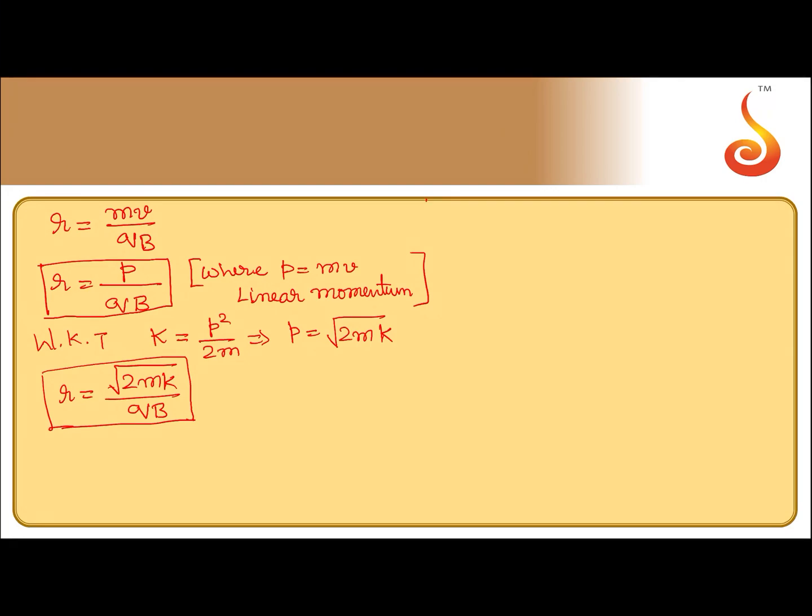Now, if I consider the time period of revolution, it is moving in a circular path, so we can define the time period of revolution. Time period should be equal to distance travelled divided by velocity. Distance travelled is 2 pi r in one revolution.